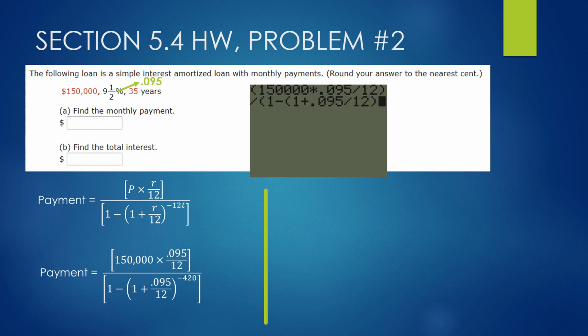Now I'm going to show you how to plug it in your calculator. Again, I'm going to let it run through one time, then I'll let it start over, and I'll tell you what I'm typing in.